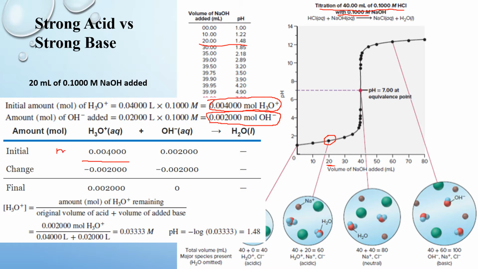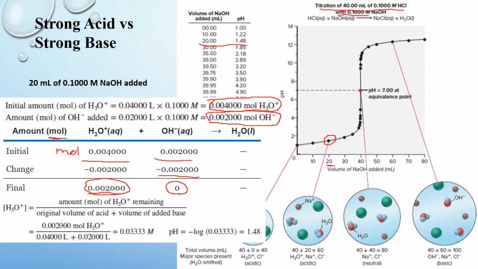Right here, the unit is number of moles, not the concentration. Pay attention to that. Because 0.002 moles of hydroxide has been added, the amount of the proton becomes 0.004 minus 0.002. This is the number of moles of the proton after the base has been added. And for the hydroxide itself, it is all consumed by the acid, so the final amount is 0.